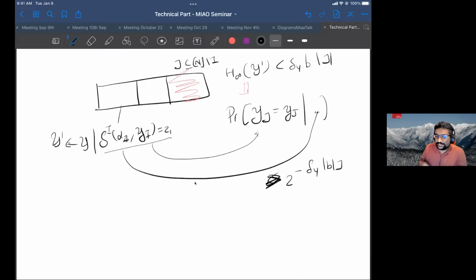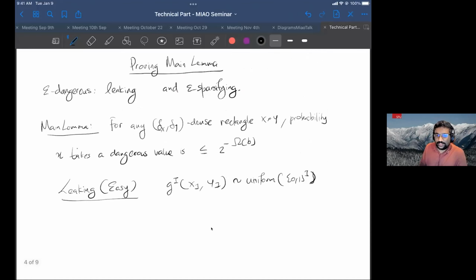So you can show that except for a few values of x, most x are not specified. Does that make sense? Yeah, I think that's it.